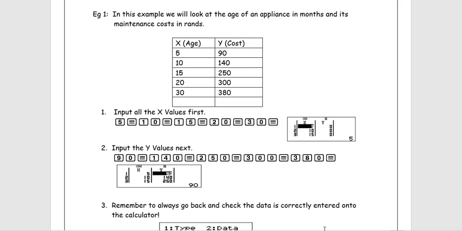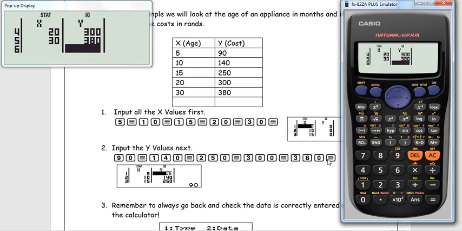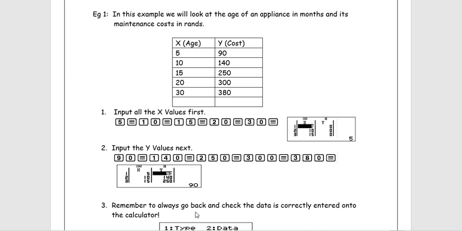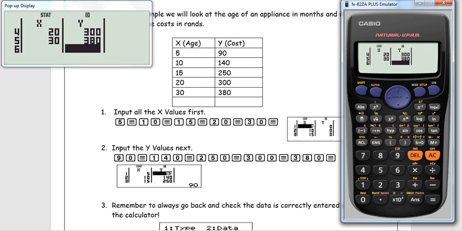Now that we have entered our data, something that we need to do before we continue on is step number 3, where it says to us, remember to always go back and check that the data that you have entered is correctly entered onto your calculator. What I mean by that is the data that I have been given needs to match up to what I have on my calculator.